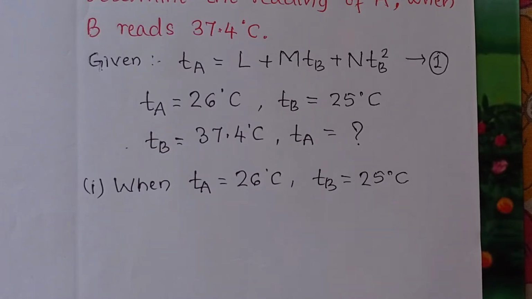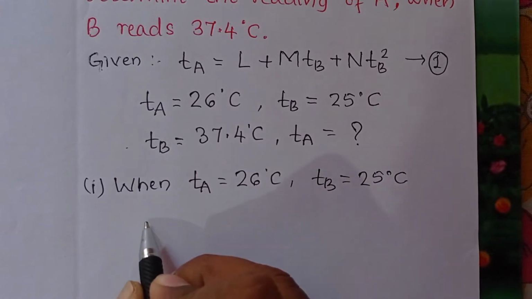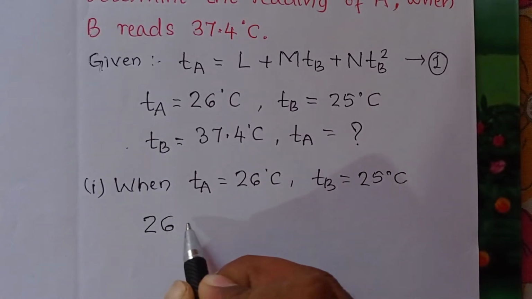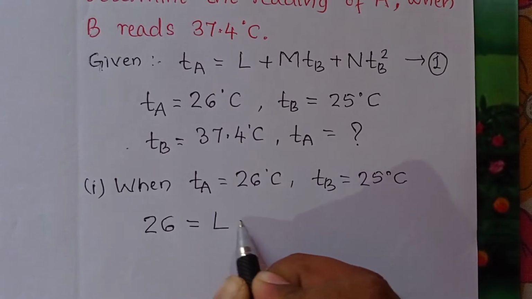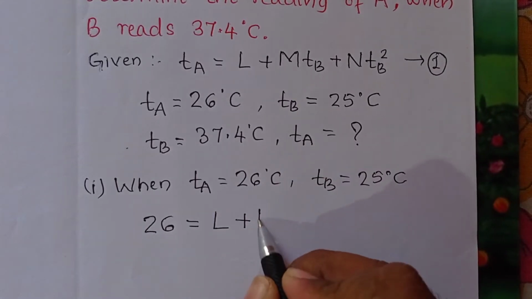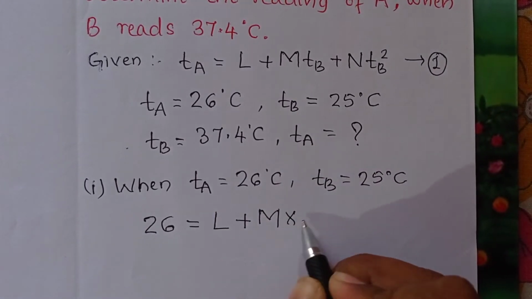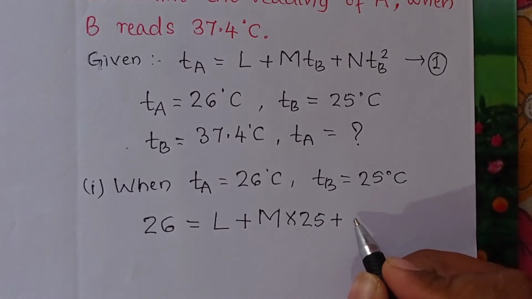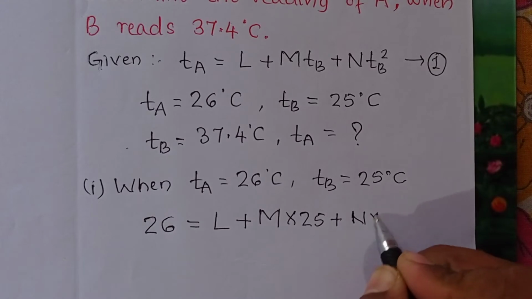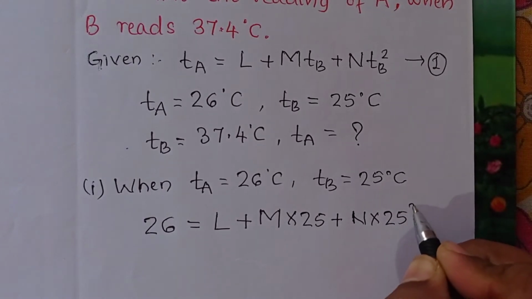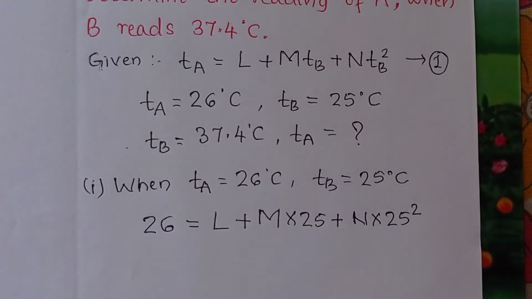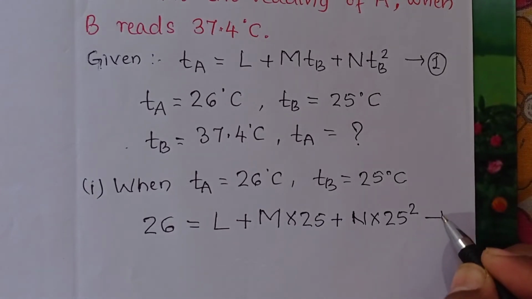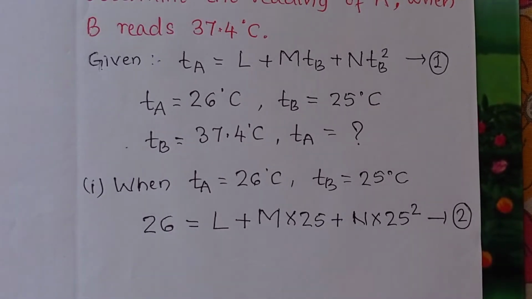So what do I get? 26 will be equal to L plus M into 25 plus N into 25 square. This is equation number 2. So what do I have now? I have 3 unknowns.